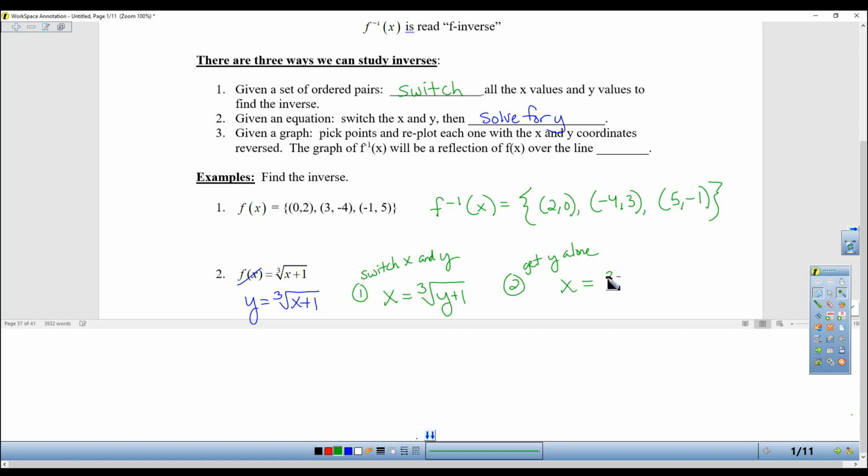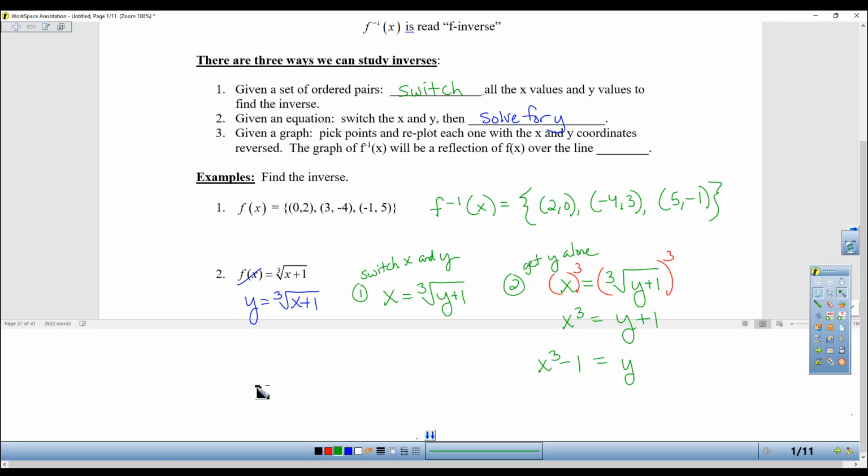So the way to undo a cube root is to cube something. So I'm going to cube this side, and I'm going to cube this side, and that gives me x cubed is equal to y plus 1. So y is equal to x cubed minus 1.